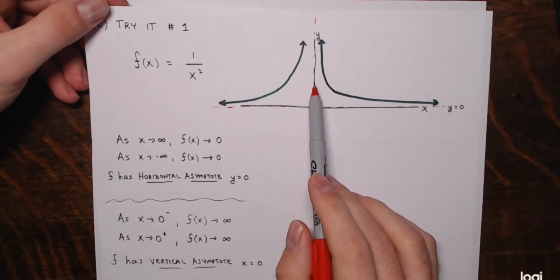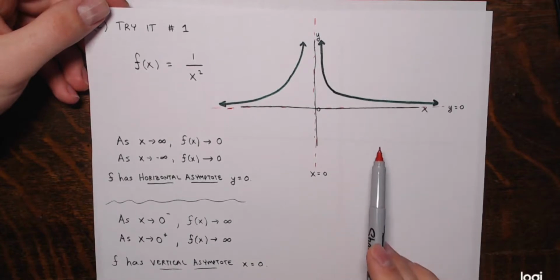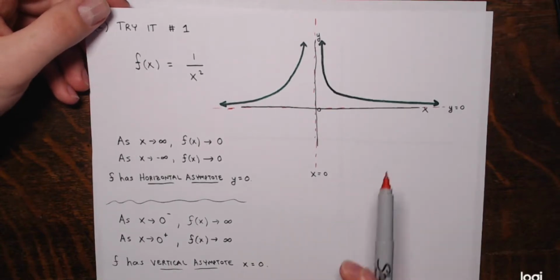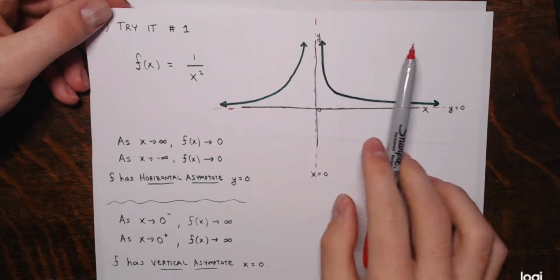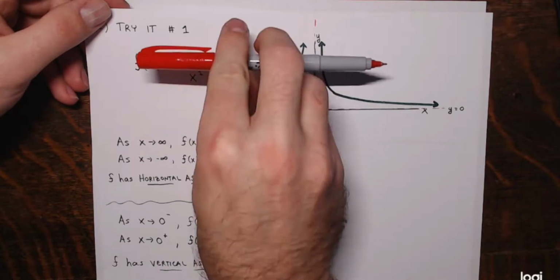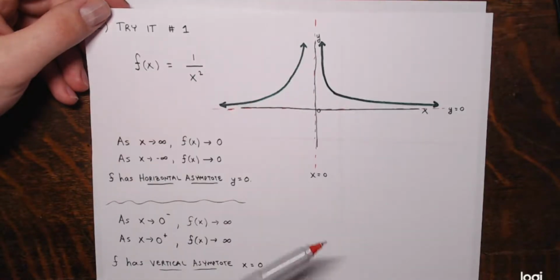If I move this graph right 3 and then down 4, everything moves. The asymptotes move as well. Moving right or left moves the vertical asymptote, and then moving up and down moves the horizontal asymptote.